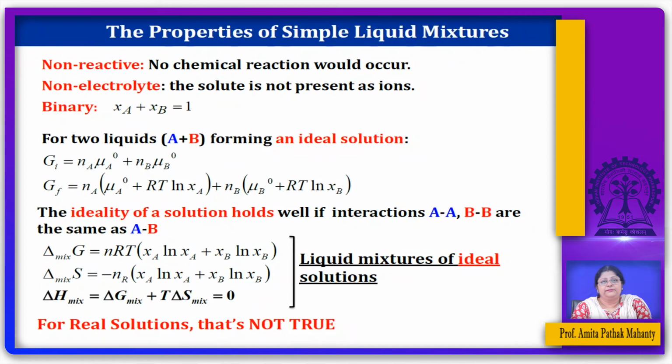For such cases, we say those are real solutions when there is interaction. And if there is interaction, the deviations in Raoult's law and Henry's law will set in.